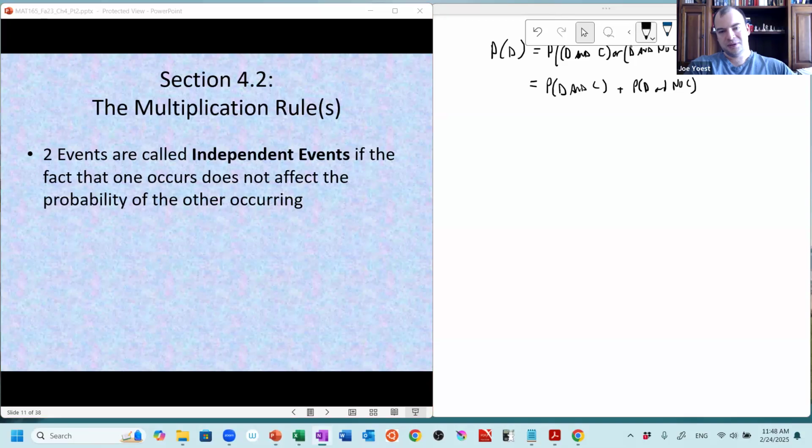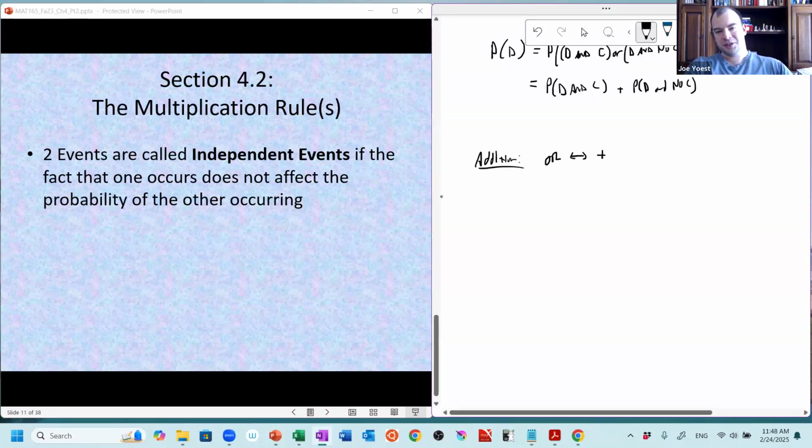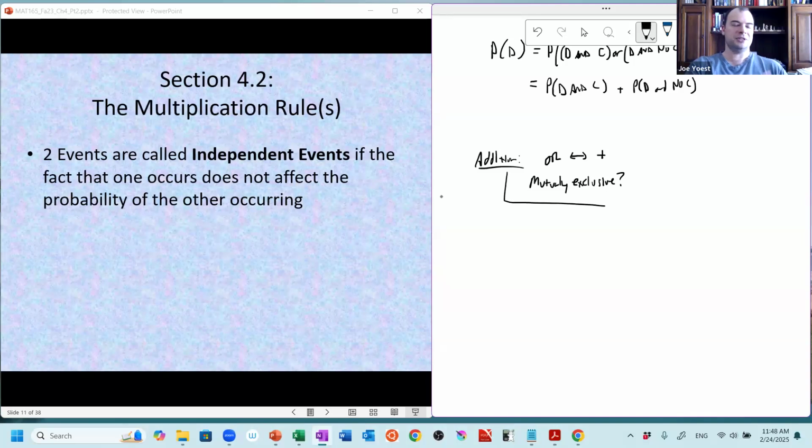For the addition rule, we had "or," kind of being related to plus: probability of A or B looking like probability of A plus probability of B. And the question is, were we mutually exclusive? If we were, we had a slightly simpler rule that we could get away with using.